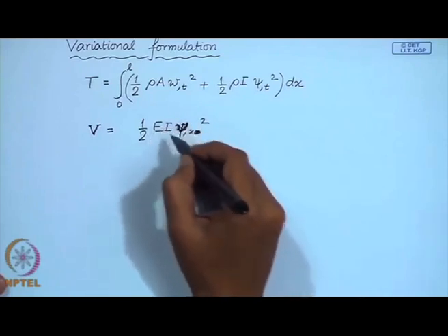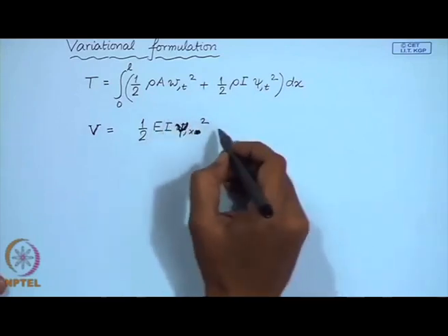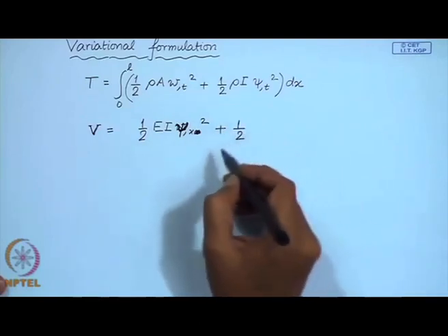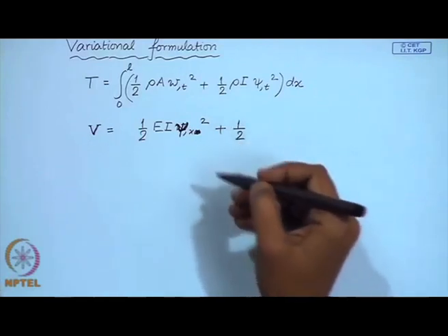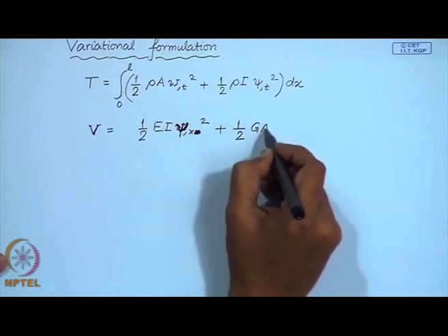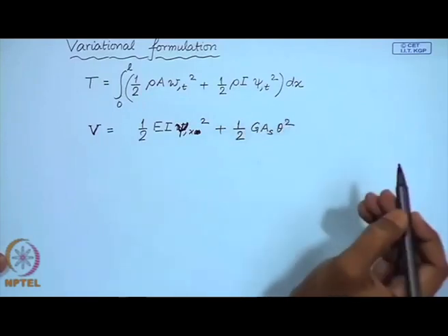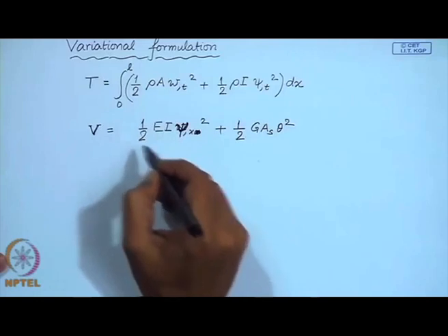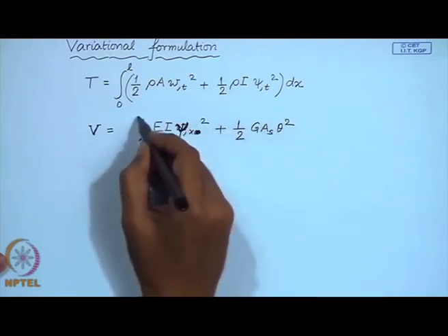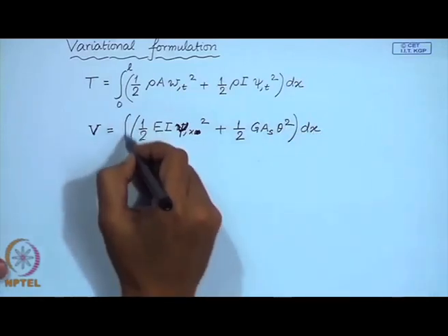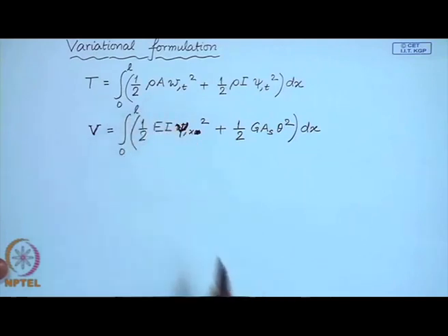This is per unit length, over the area we have already integrated, and in addition to this term we have the potential energy because of the shearing of the element, which reads this. These are all per unit length over the area we have already integrated. So, this times the small length and integrated over the length of the beam is the potential energy expression.